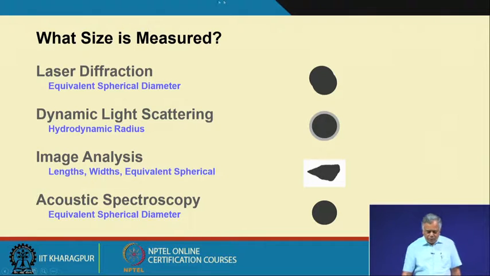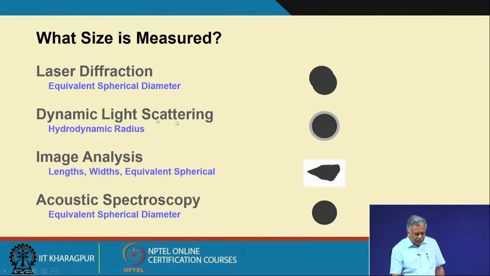But these are mostly applicable for very fine size ranges. So, laser diffraction based techniques are being used even for online or on-stream particle size distribution measurement purposes.